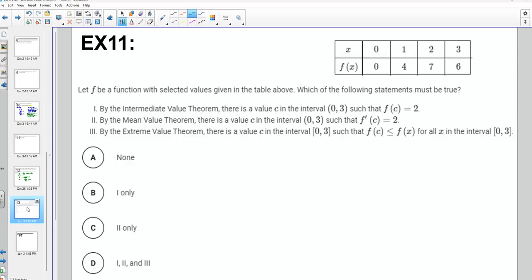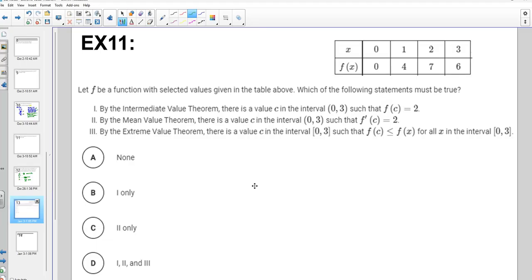Okay, let's look at this next question. It says, let f be a function with selected values given in the table above. Which of the following statements must be true? 1, by the intermediate value theorem, there is a value c in the interval from 0 to 3, such that f of c equals 2. 2, by the mean value theorem, there is a value c in the interval from 0 to 3, such that f prime of c equals 2.